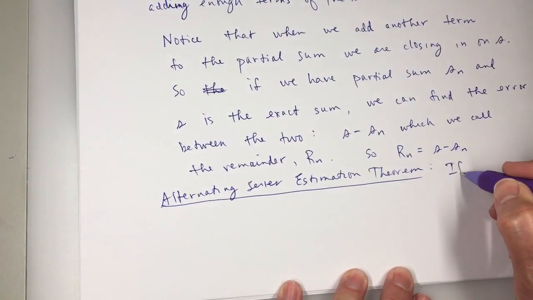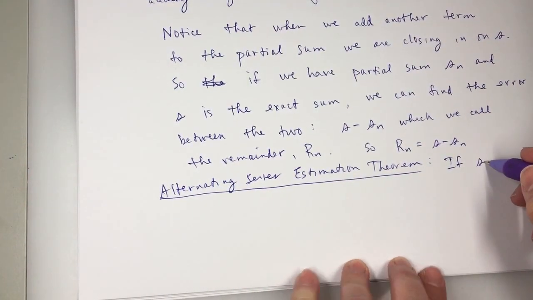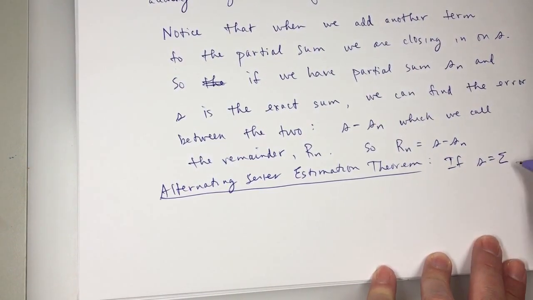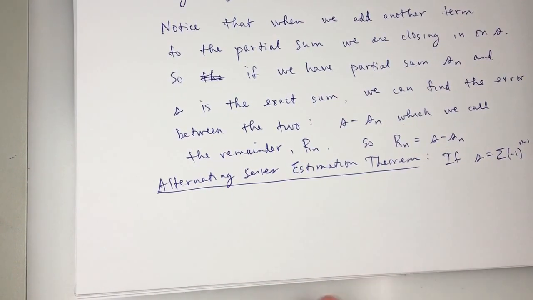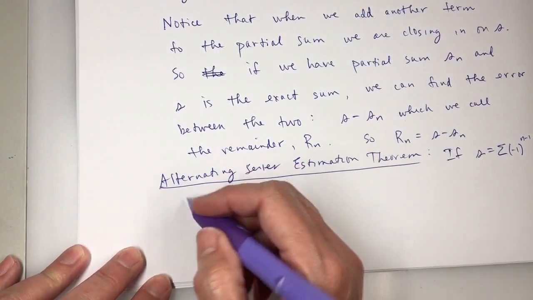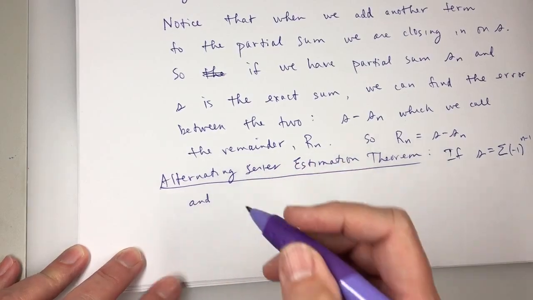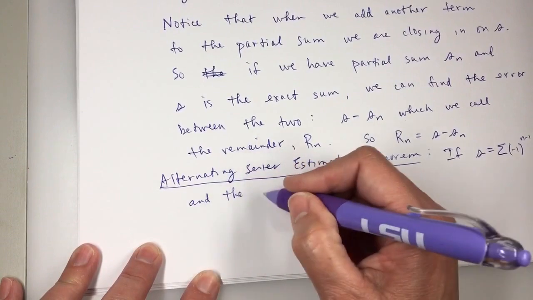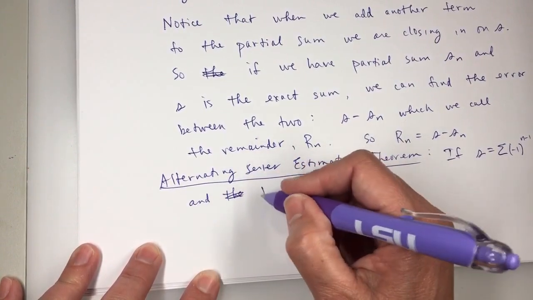is this: if the sum S equals the sum of (-1) to the n minus 1 times b sub n, if that is the sum of the alternating series, and we have the two conditions met, so it converges, and this series converges.